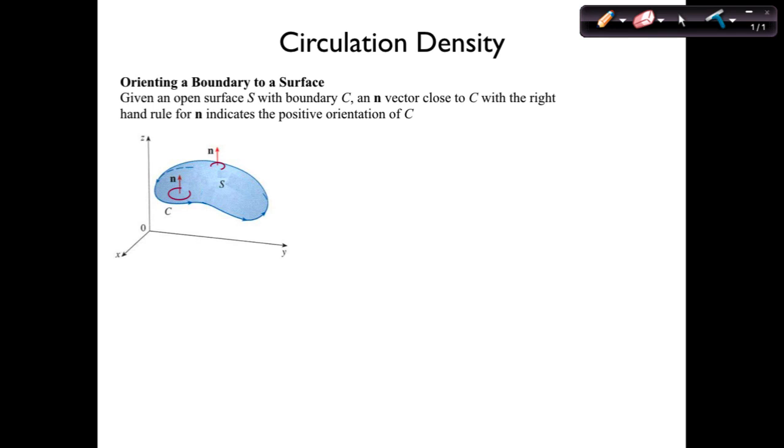S is this surface in space, and C is the boundary around it. How is the orientation of S and C in sync? We talked about those things separately, but how are they in sync? Well, this is how it works.